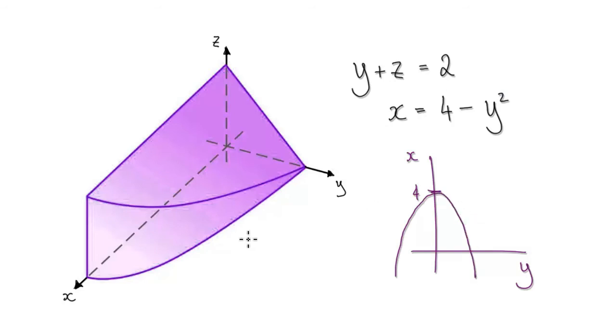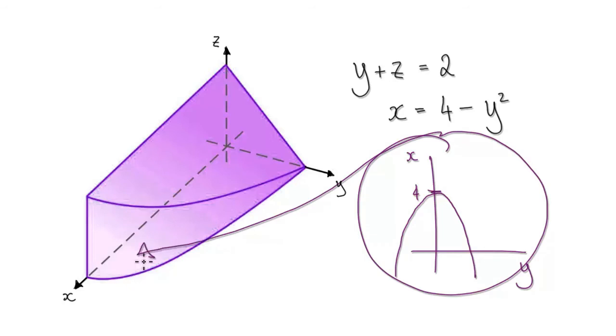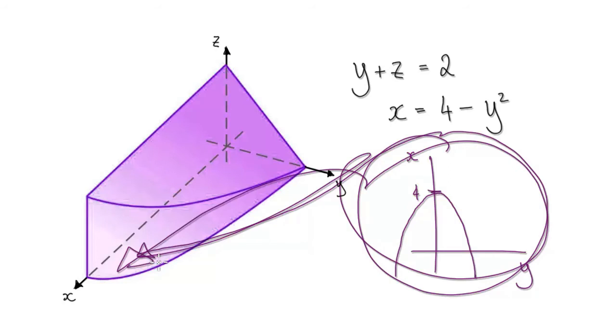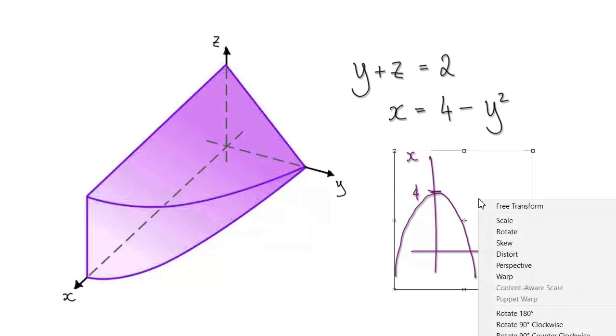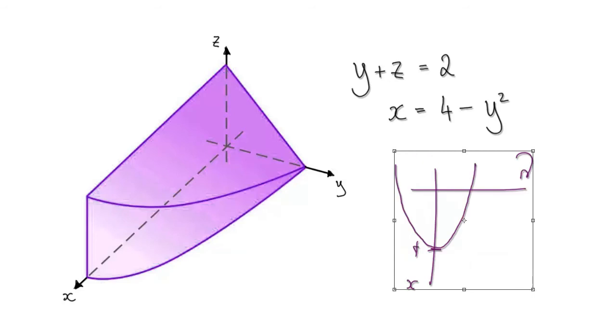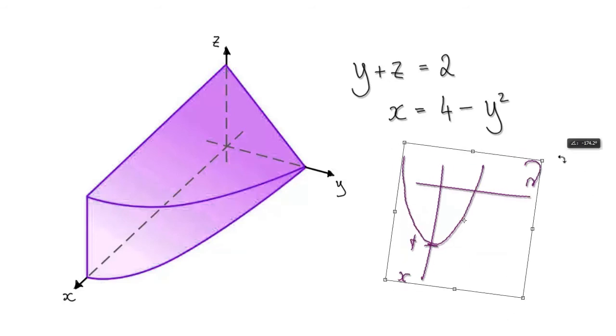I want to transform this into this plane here. So hang on, let me just quickly flip it upside down. There, I've flipped it upside down, and I want to rotate it slightly.